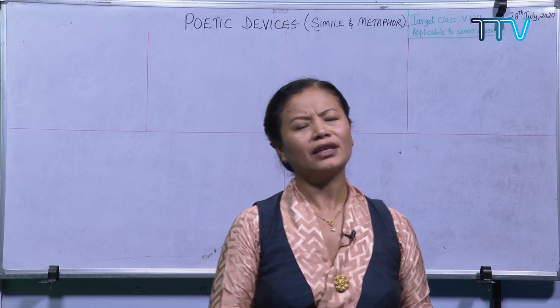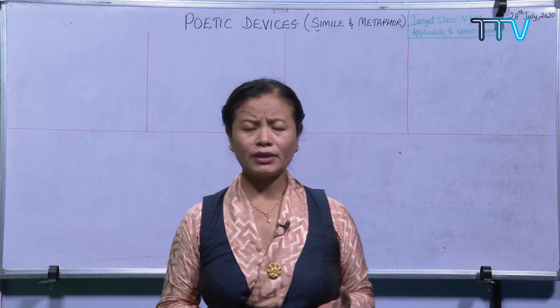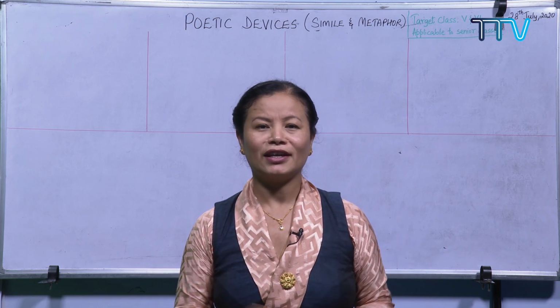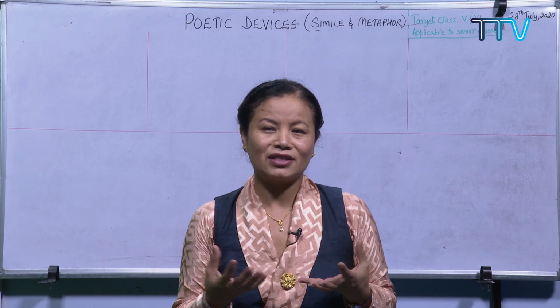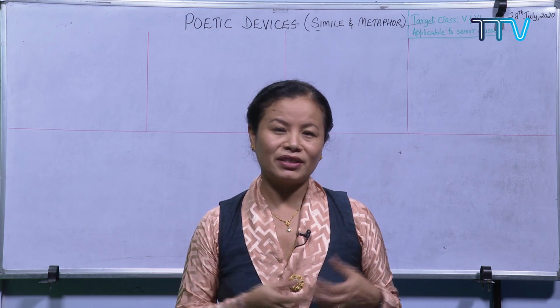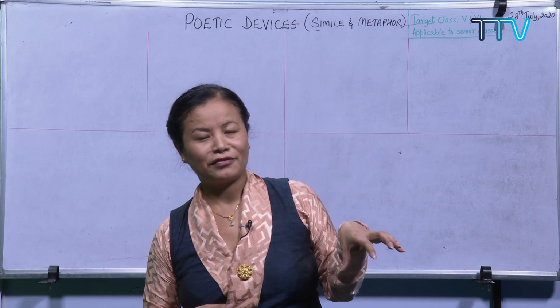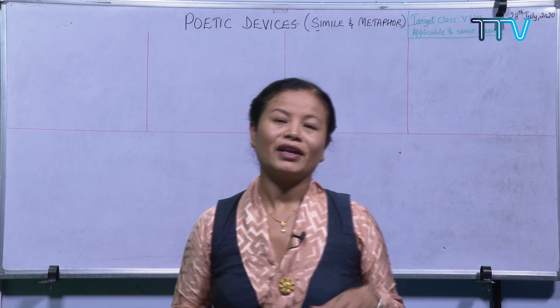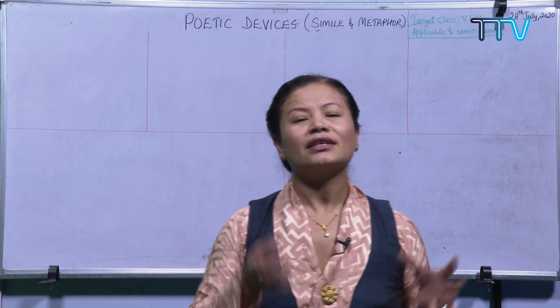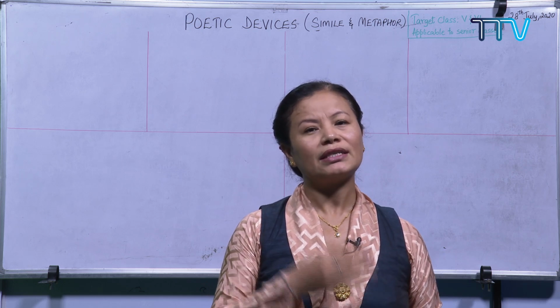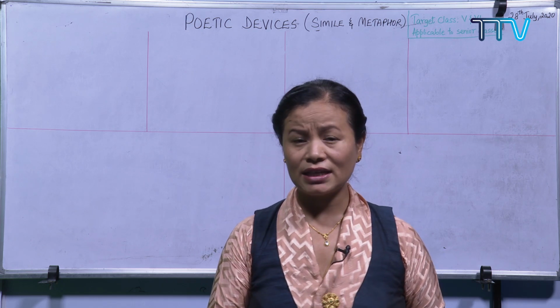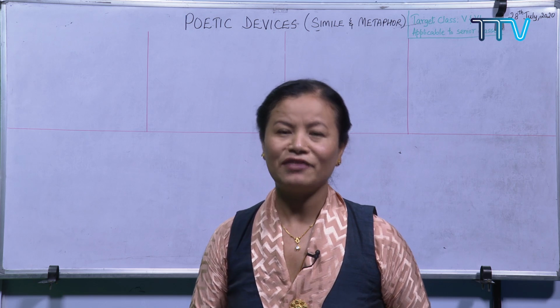That's the only reason. Otherwise, it's not that there are certain poetic devices you learn only in class 5 and 6. Some of the poetic devices are there in grade 5 and 6 as well as in grade 7 and 8.